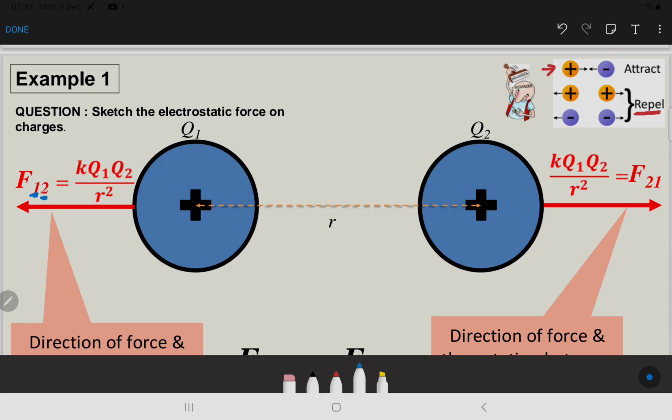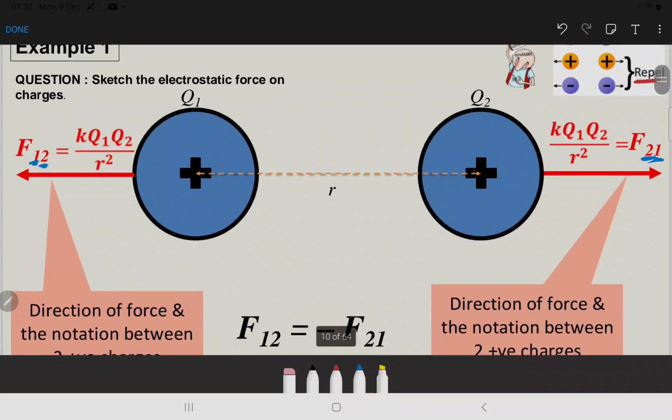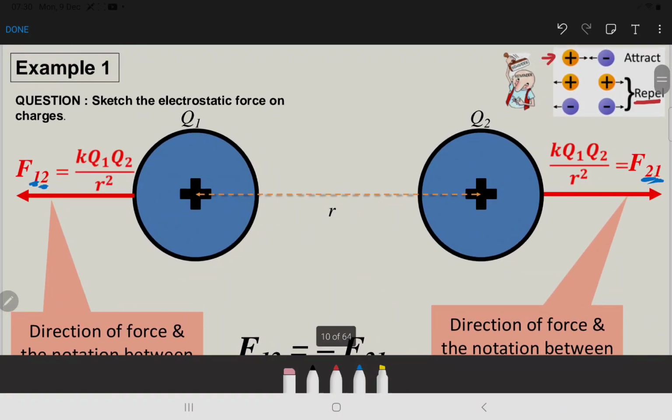This will be charge 2, and since they are the same charges, it will repel, and likewise on charge 2 by charge 1. First we draw the direction, and then you can just replace the values: the two charges Q1 and Q2, divided by the distance r squared. Same thing goes over here.